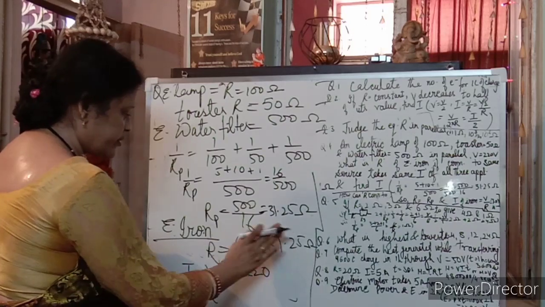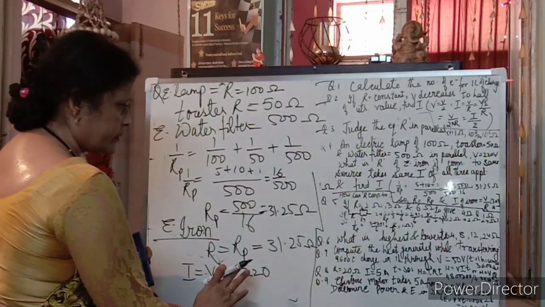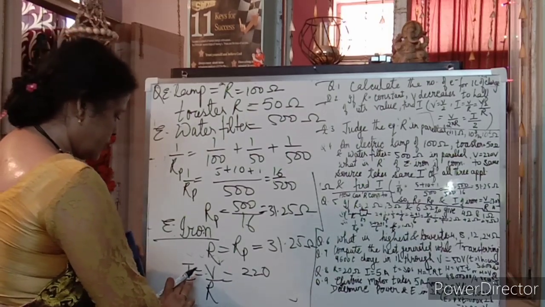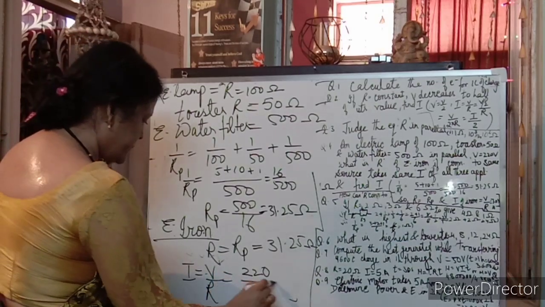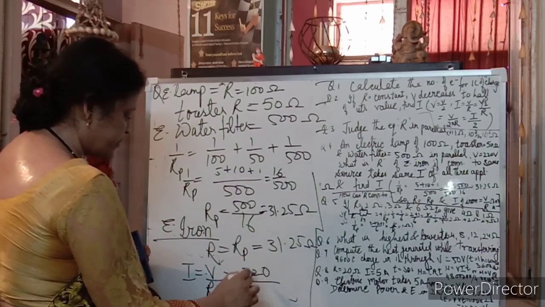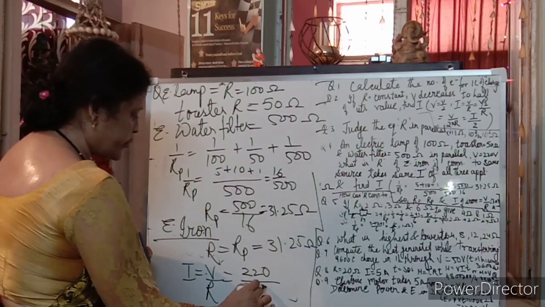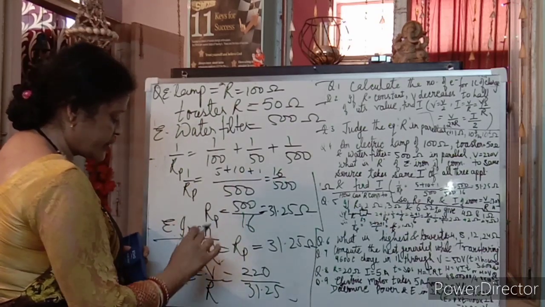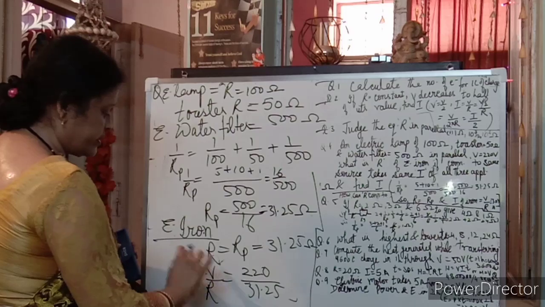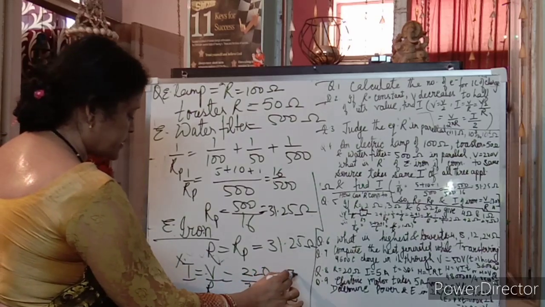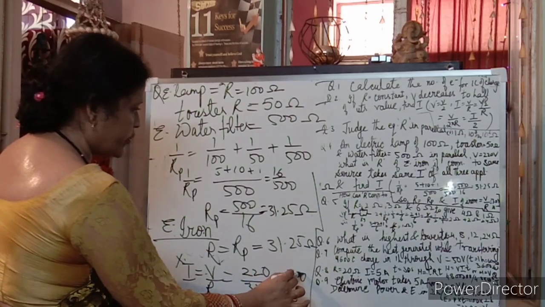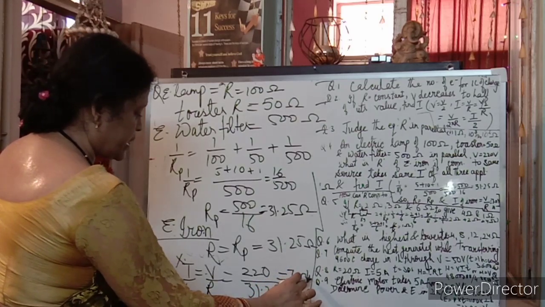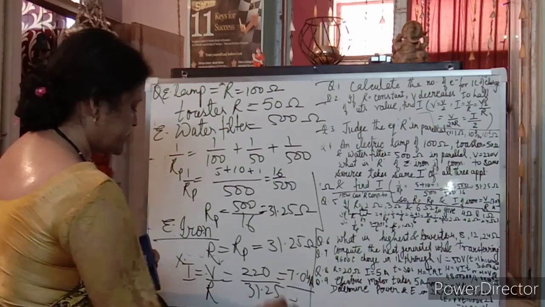First we have to find the current of these three appliances, in amperes. So 220 upon 31.25. We are finding the current of these three, not the iron here. The current will be 7.04 ampere.